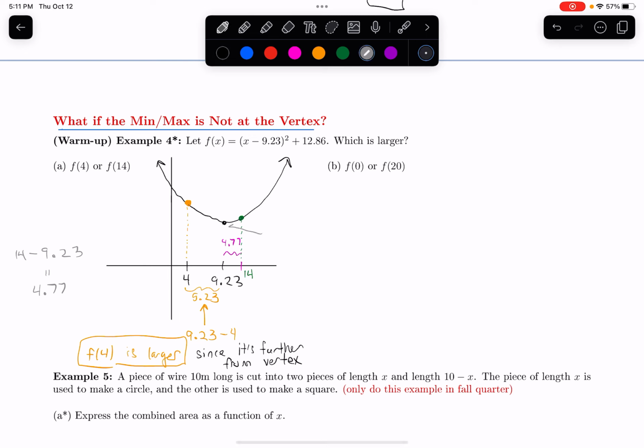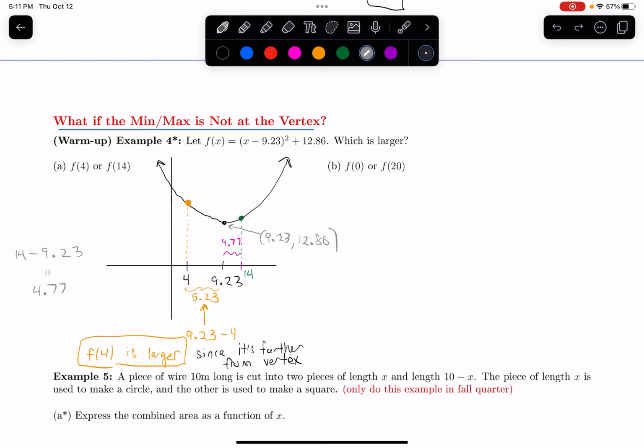My vertex was at 9.23, and we said the y-coordinate was 12.86. The nice thing about having this visual picture is we didn't really have to plug in these numbers and do a calculation. I could just use the shape of the parabola and figure out which of these values is further away from the vertex to find the larger one.